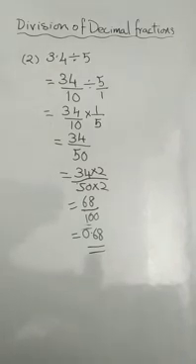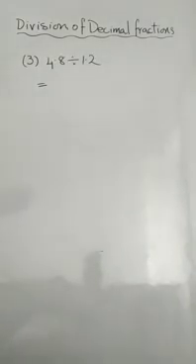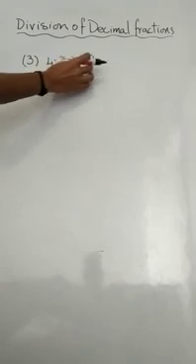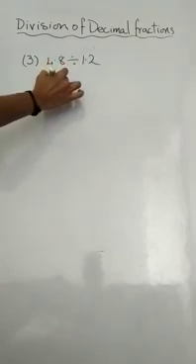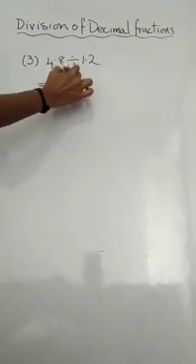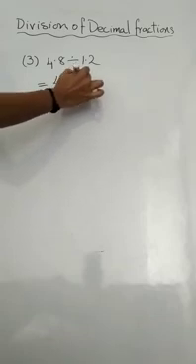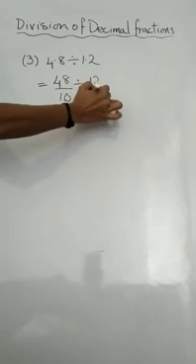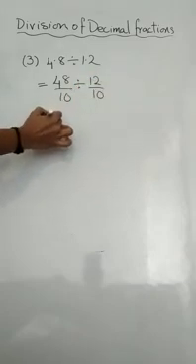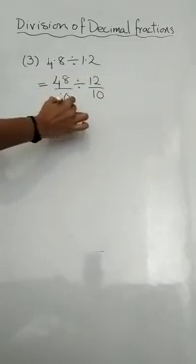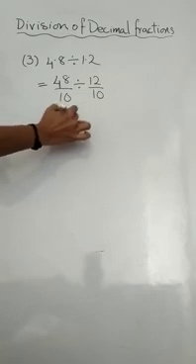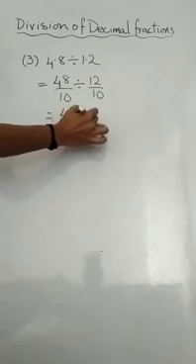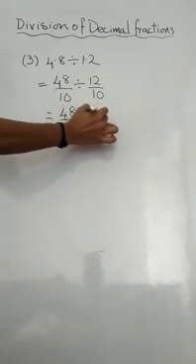Okay. Next example is 4.8 divided by 1.2. This you will write as 48 by 10 divided by 12 by 10. Now you will write it as 48 by 10 into 10 by 12.